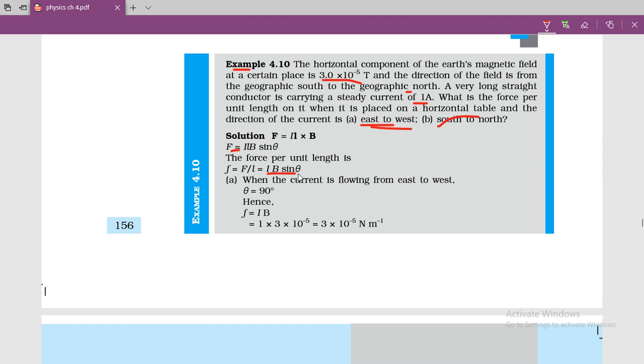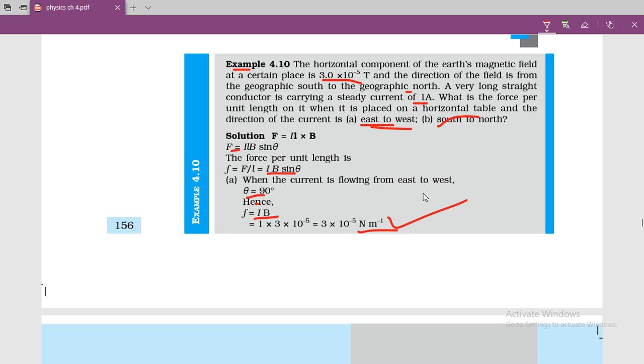Now theta in this case is 90 degrees because the wire is in the direction from east to west and the magnetic field in the direction from south to north. So the angle between these two is 90 degrees. So when the current is flowing from east to west, theta is equal to 90 degrees, and hence F by L is equal to I into B. So I into B will be your answer, and that is 1 into 3 into 10 to the power minus 5, which means 3 into 10 to the power minus 5 Newton per meter, because the unit of force per unit length is Newton per meter.